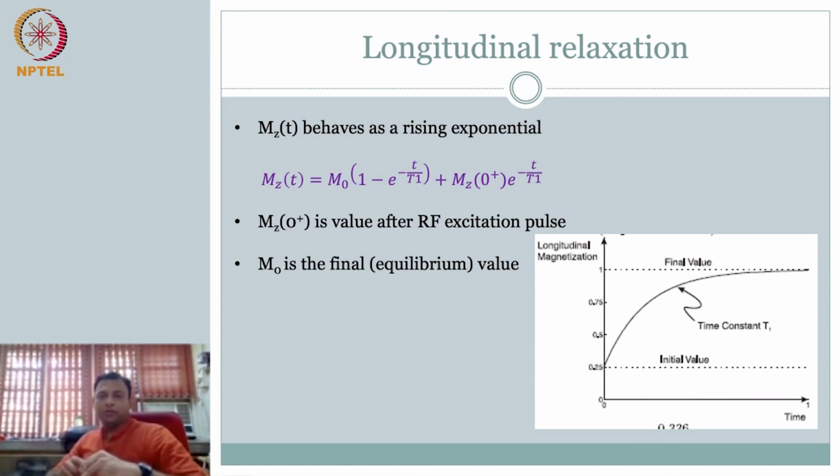The signal amplitude. If I want only T2, then maybe I should be able to do it multiple times. So MZ of 0 plus is just a general representation of wherever you start. It need not be the final equilibrium value. That's the point. Okay, let's keep it simple.